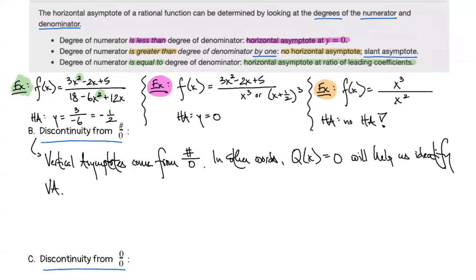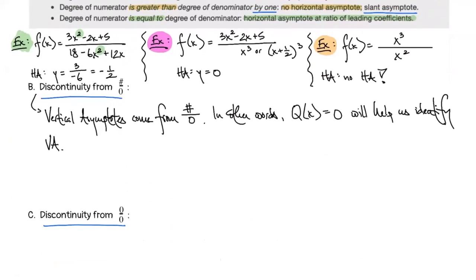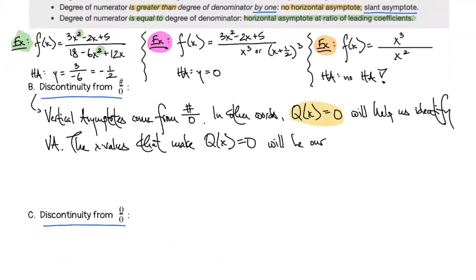And in particular, this Q of X is the one we set up here. It is the denominator, right? So when Q of X equals 0, the X values that make Q of X equal to 0 will be our vertical asymptotes.